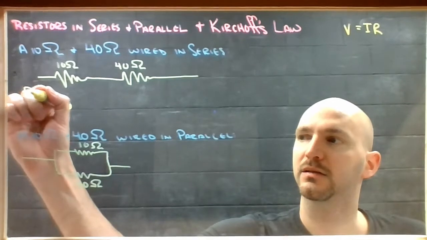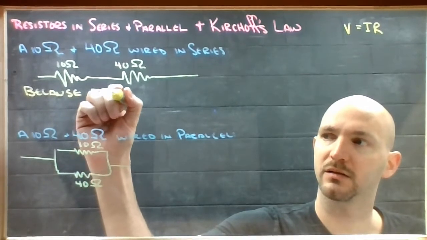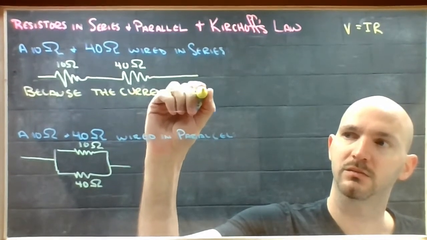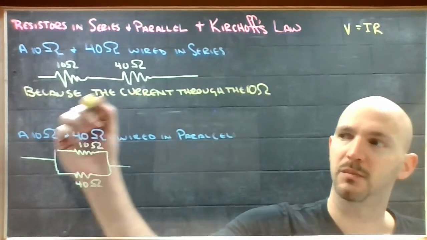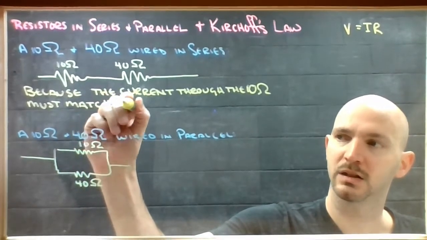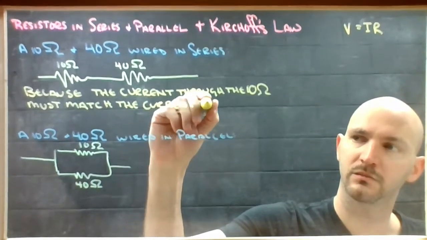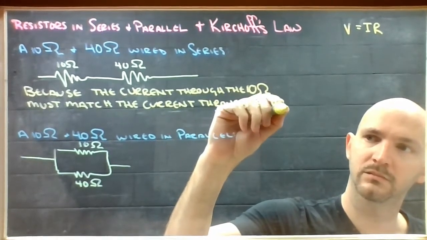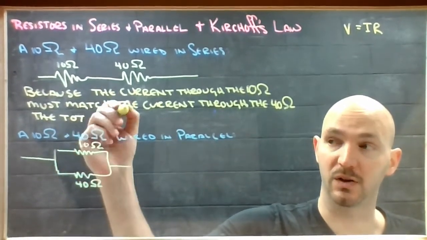So because the current through the 10 ohm must match the current through the 40, the total resistance is just the sum of all the resistors.